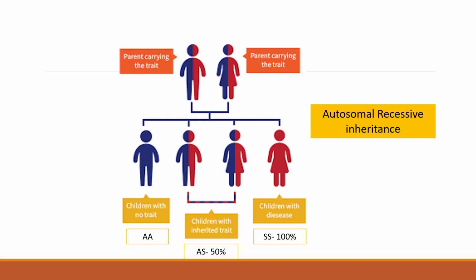Some of their children will have 50% like their parents, and they are carriers, what is called sickle cell trait. And 25% of their children would have both healthy genes, AA, and those children would have no sickle gene, hence do not have trait or disease. And this is an autosomal recessive inheritance.